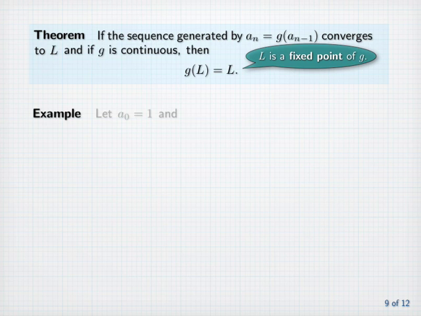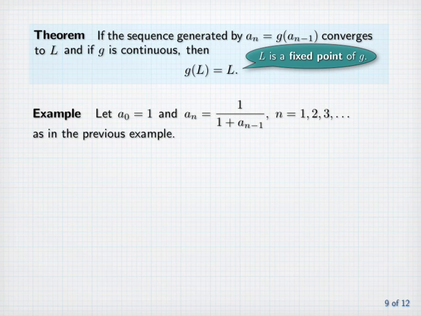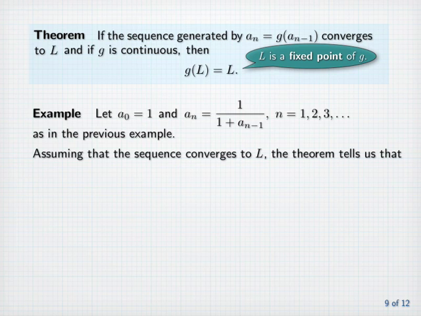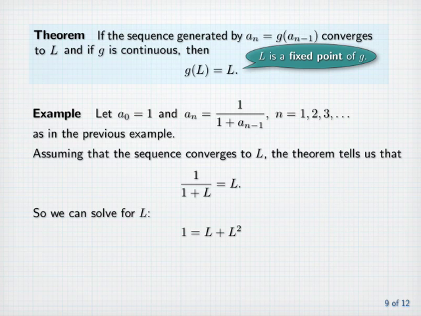Example, let a0 equal 1 and a sub n equal 1 over 1 plus a sub n minus 1 for n equals 1, 2, 3, and so on, as in the previous example. Assuming that the sequence converges to a number L, the theorem tells us that L satisfies the equation 1 over 1 plus L equals L. So we can solve for L. We multiply both sides of the equation by 1 plus L to obtain 1 equals L plus L squared.